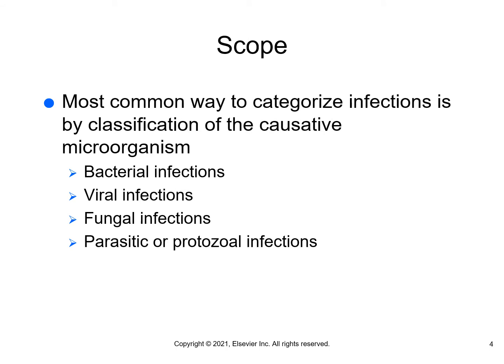How do we categorize infections? We said that we have the viruses, and viruses can be made of DNA or RNA. We have the bacteria that's mostly DNA. We have mycoplasms that is mostly DNA.